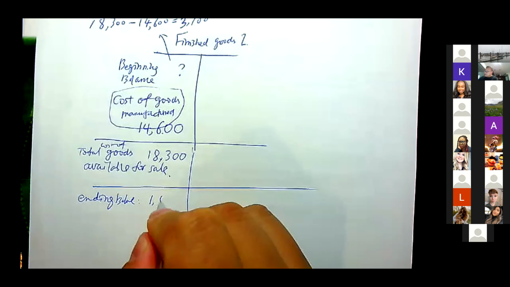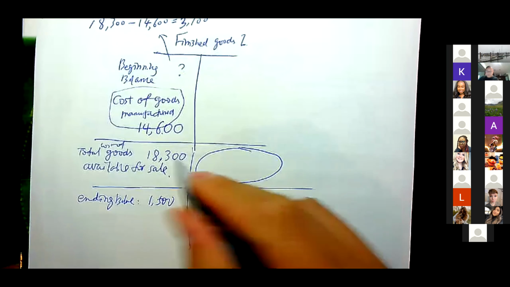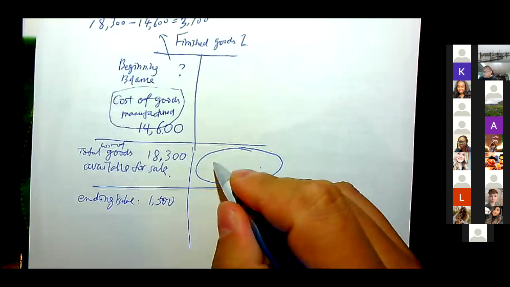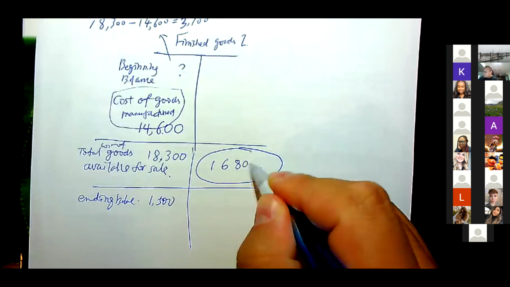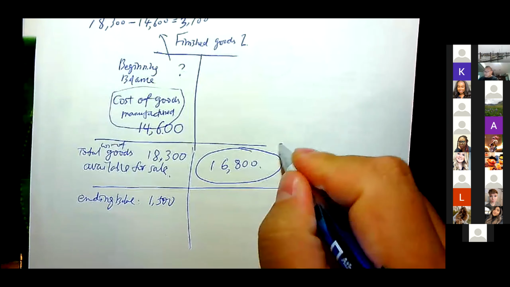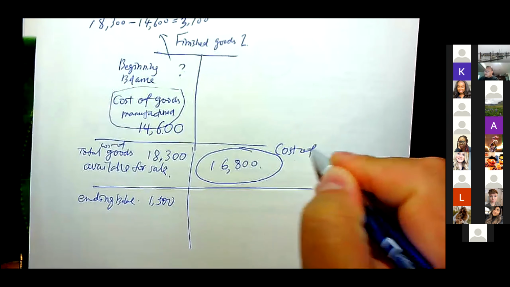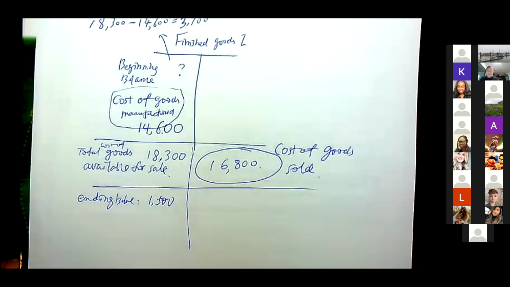So it's 1,500. So now this deduction has to be 16,800, is that right? Yeah, that's right. So this is my cost of goods sold, okay?